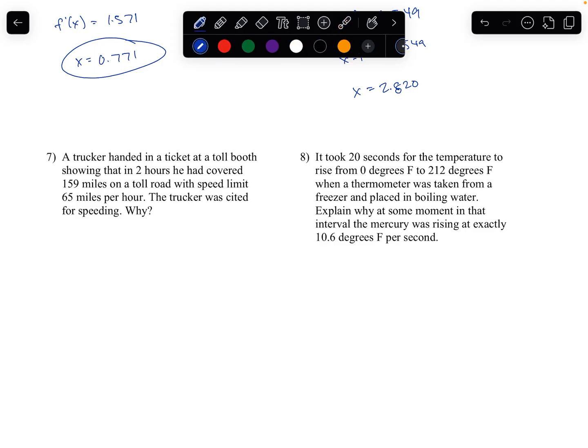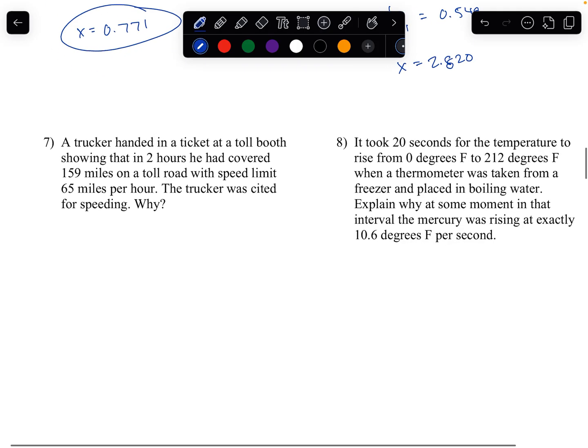We're going to calculate the average speed. The trucker went 159 miles in 2 hours, which means his average speed was equal to 79.5 miles per hour. This was his average speed.